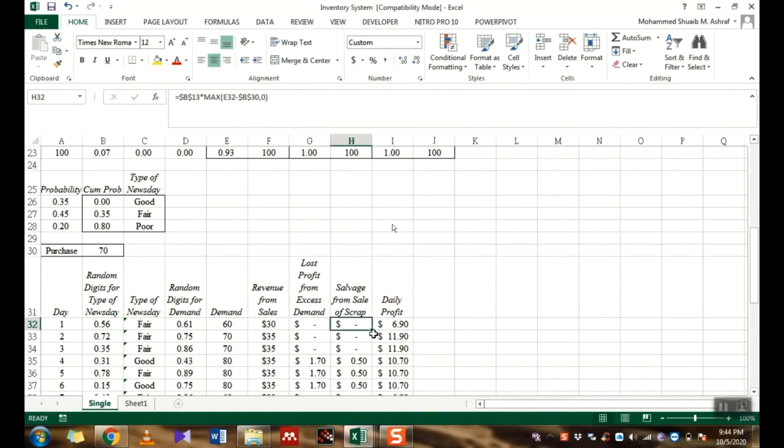Okay, I'm sorry. Let's apply this again. There's a mistake, because you have to find out the lost profit. This minus this value.